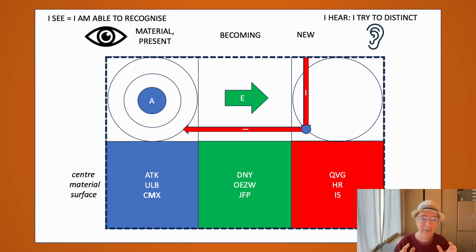The sound and the letter is what is becoming. So it is not close by, it is not far away, it's in between. It's the in-between zone. The E is the new zone. That's the new area. It's somewhere else. I find something new.